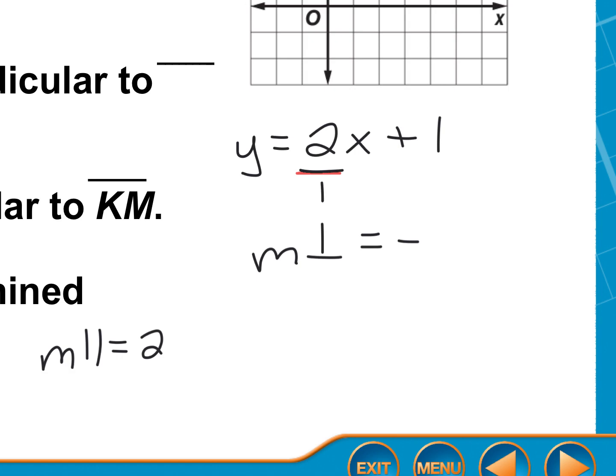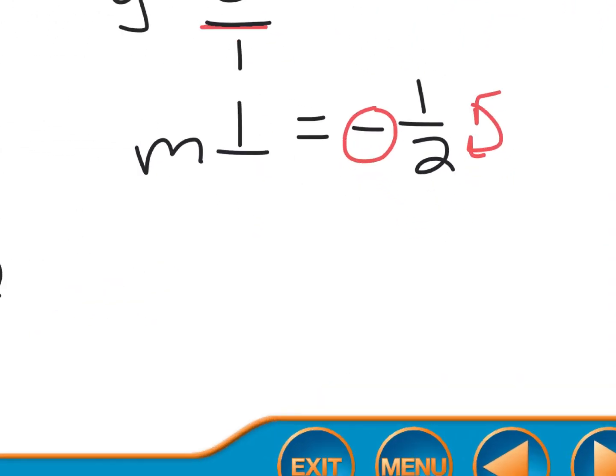So what's the opposite of that, or the flip? 1/2. So there's 2 steps to get your perpendicular slope. That opposite step, where you change your sign, and then the flipped. Okay, 2 different steps. And then from here, we would run through those same steps to find our equation, to find our b.